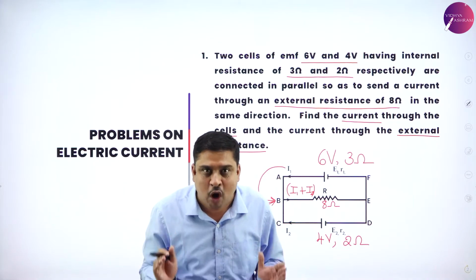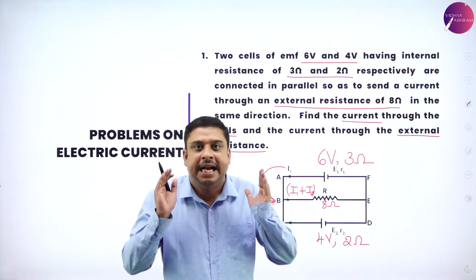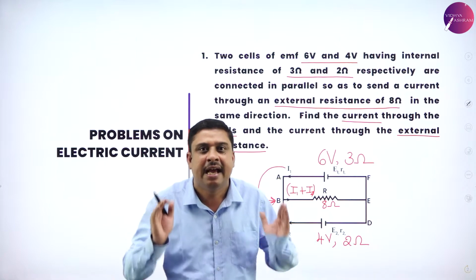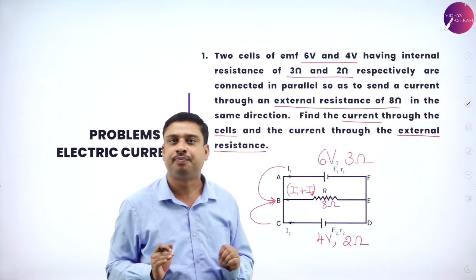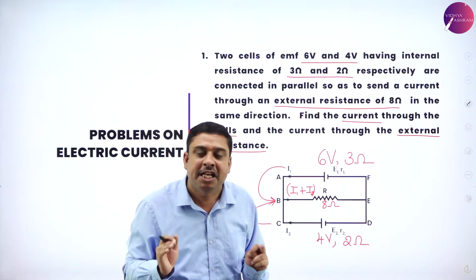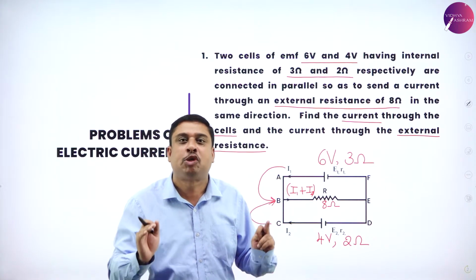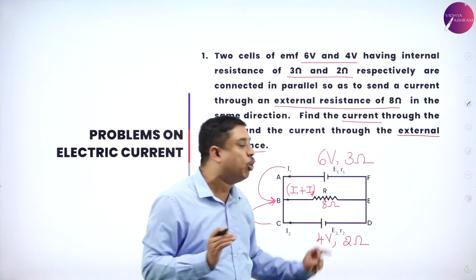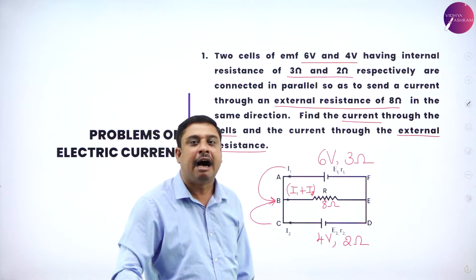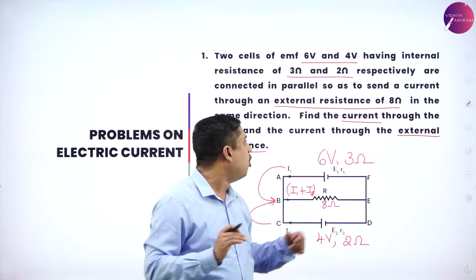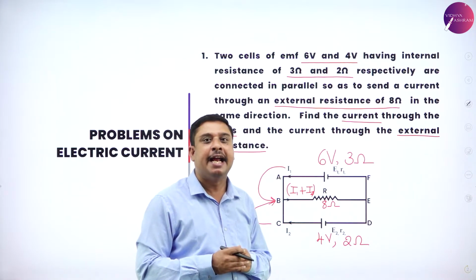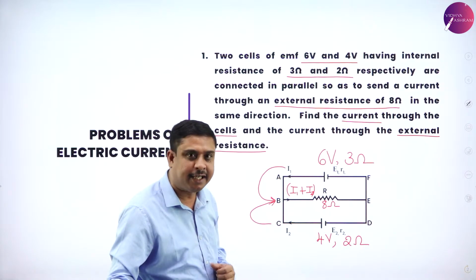In this problem, individually, I need to calculate I1. Individually, I need to calculate I2 and the current I1 plus I2 flowing through the 8 ohm resistor.